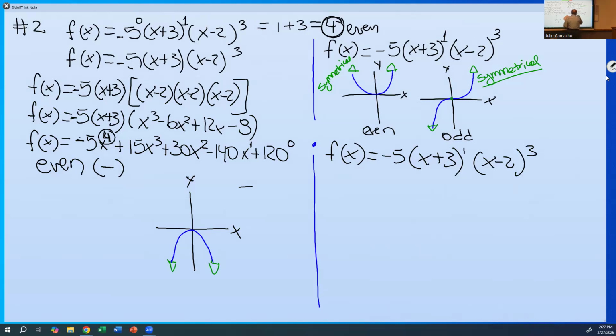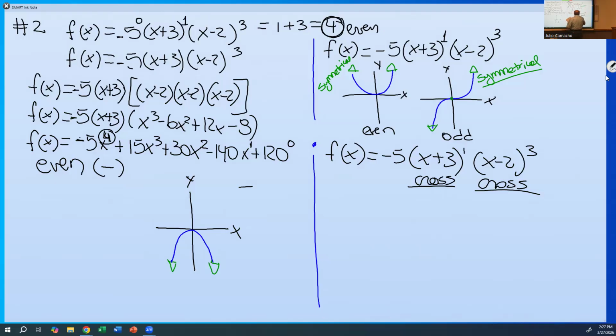So we know that both will cross the x-axis, because both are odd. And we know that odd multiplicities will cross the x-axis. Even ones will touch and bounce.